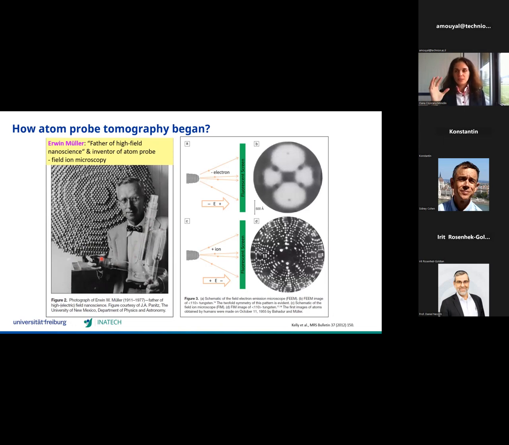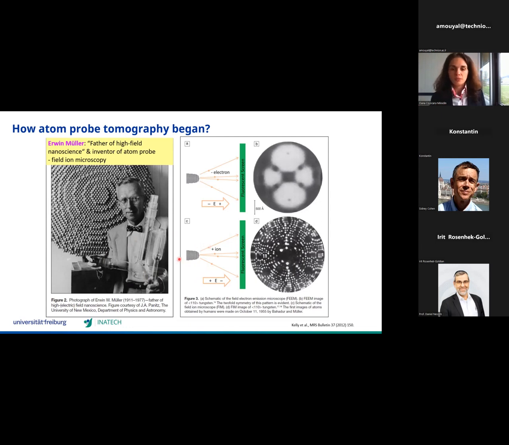At the beginning, it was not a sophisticated setup, so it was some glass tubes, and inside we had a very high vacuum. And we inserted a sample, very important. The sample, in this case, is a needle-shaped specimen with a very small radius. Under the vacuum, a bias, a DC voltage, was applied on the sample, and an image gas was also inserted.